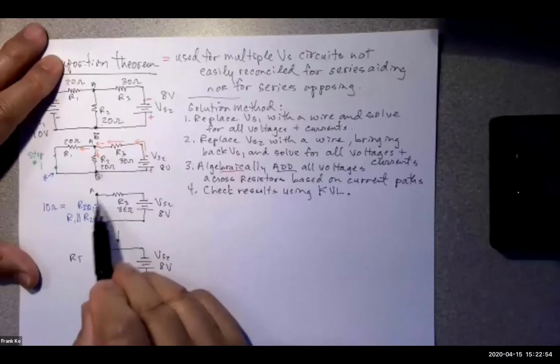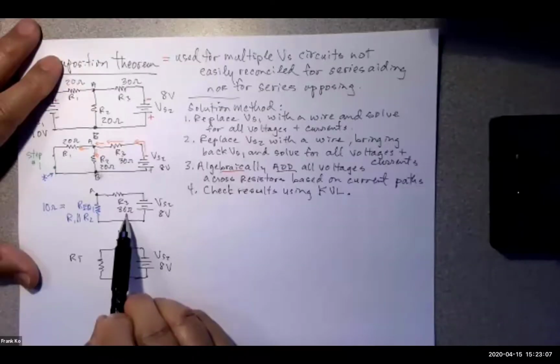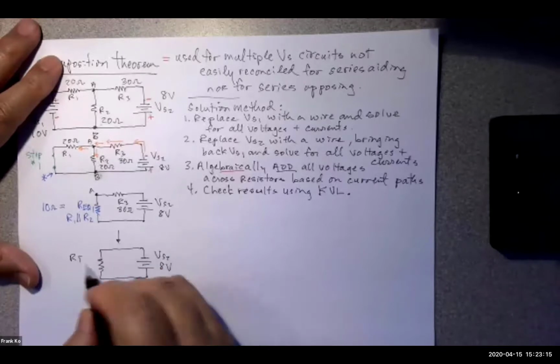Take a look at my drawing. I have an R3 with what relationship with REQ1? Series. What is the value of R3? 30. What is the value of my REQ1? 10. So if I have these two in series, what's my R total? 40 ohms. There you go.